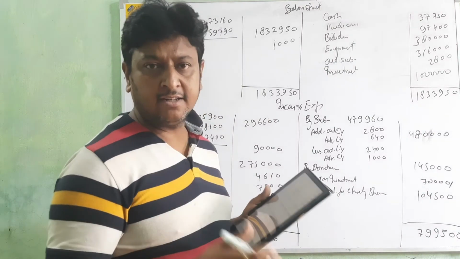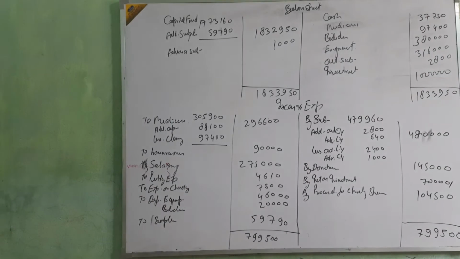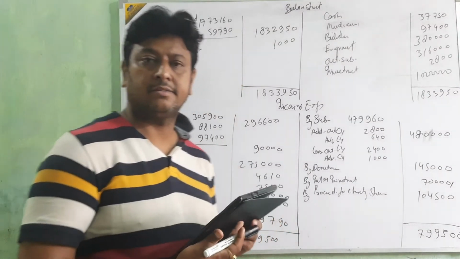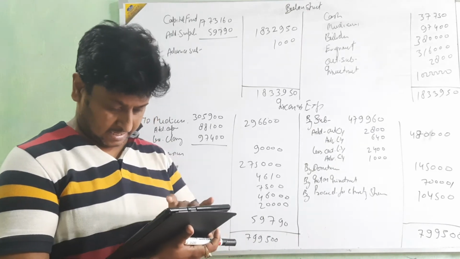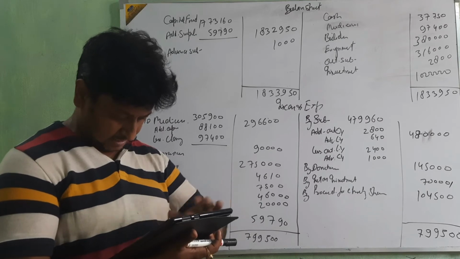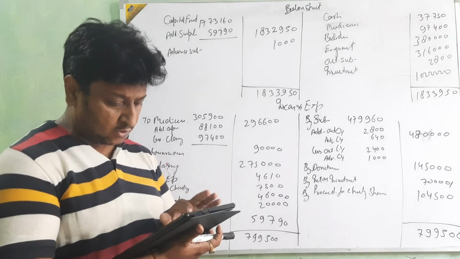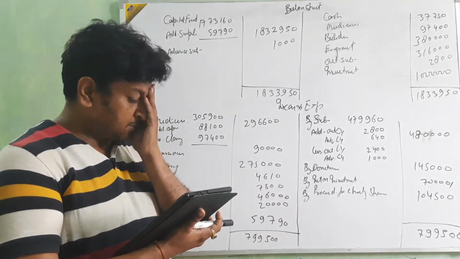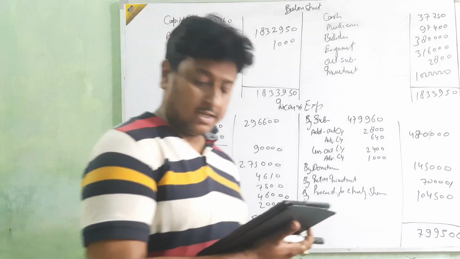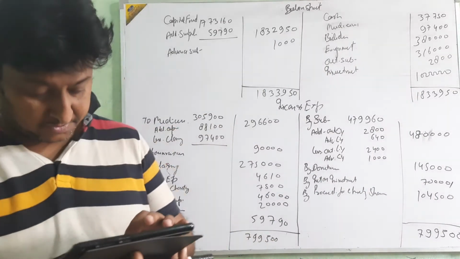Okay, beta, clear or not? It's only a balance sheet. Okay, clear? After this, just see the next question. It's a small question on how we show the expense in the income and expenditure account with its adjustment.